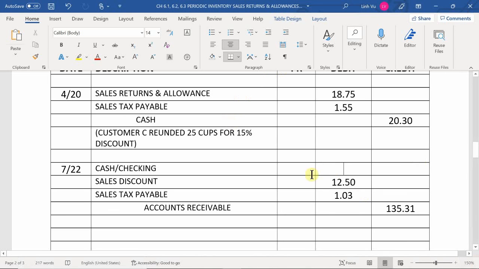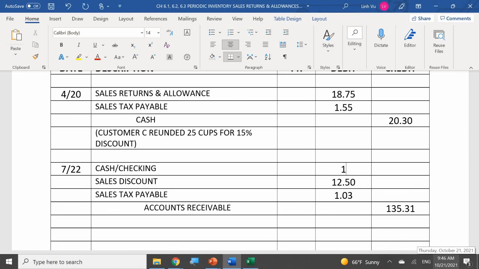Okay, check the math on that. 135.31 minus $12.50 minus $1.03.